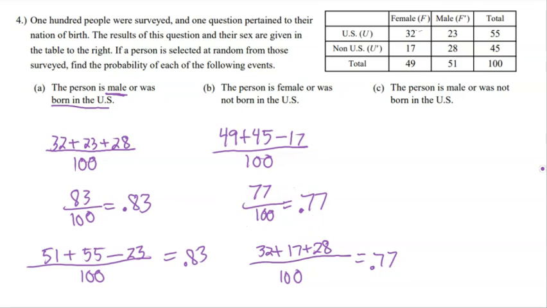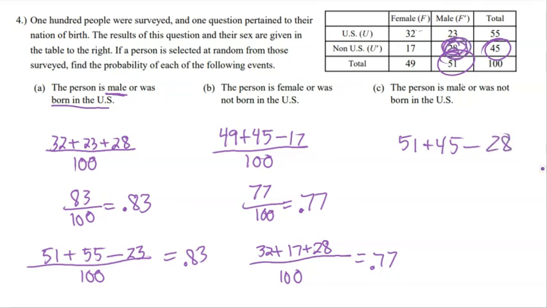All right, last one. The person is male or was not born in the U.S. This is the same idea. We can take all the male, which is 51, and all those not born in the U.S., which is 45. We can add those together, 51 plus 45, and then subtract away the ones that are both, which is 28.